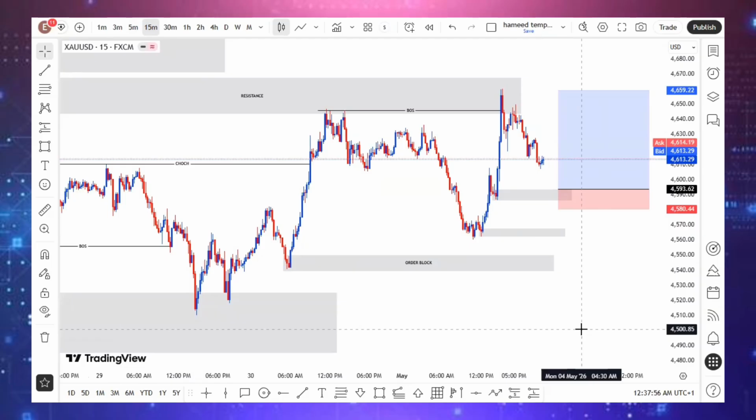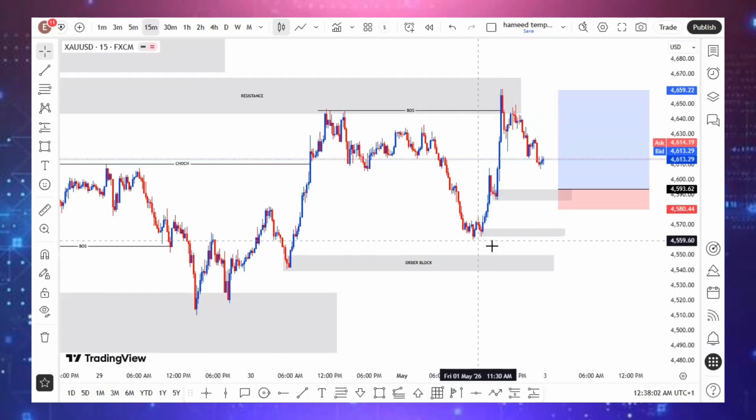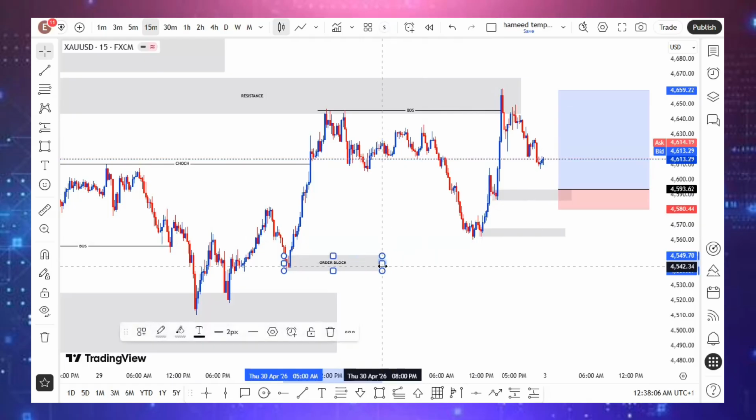So as I said earlier, after this break of structure, this is now our trading range, which is from here to here. So this one is just going to be a pending. So this one is going to be a pending. So these two are now our main focus for now. But looking at this, I don't think this is going to work.